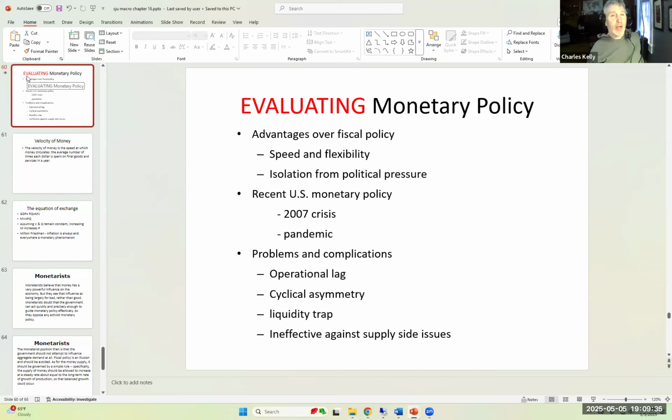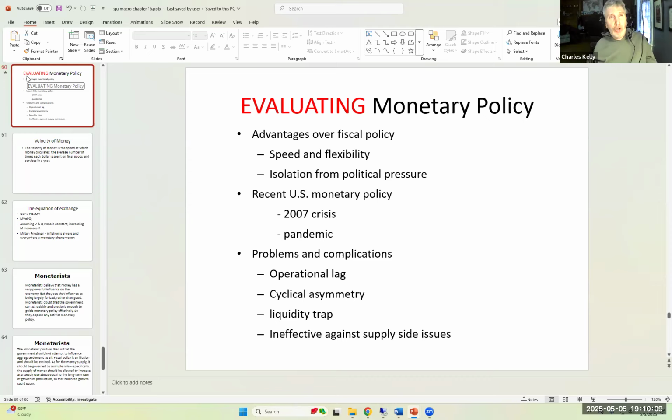Cyclical asymmetry means the Fed's pretty darn good at reining in inflation. If the Fed wanted to, it can soak up enough liquidity out of the system. It can shrink the money supply to push interest rates up to really make it challenging to borrow and spend, to really discourage buying cars and refinancing your house or buying a house, or make it almost impossible for businesses to find a situation where the expected rate of return on a project is greater than the real rate of interest.